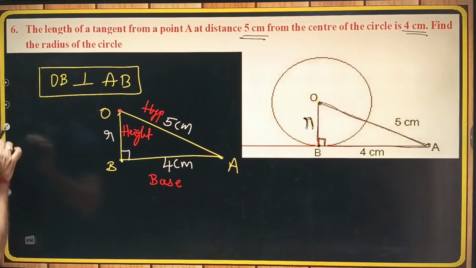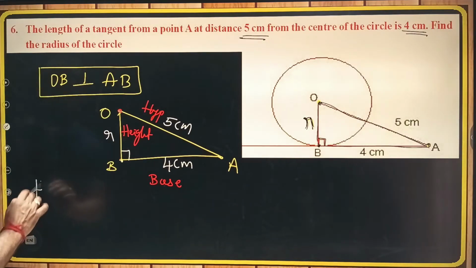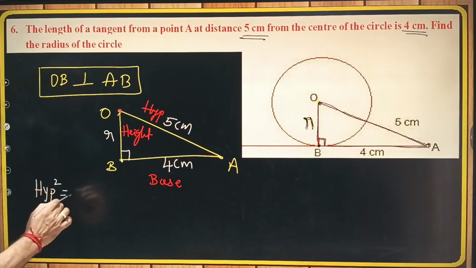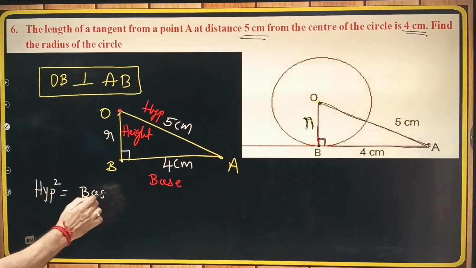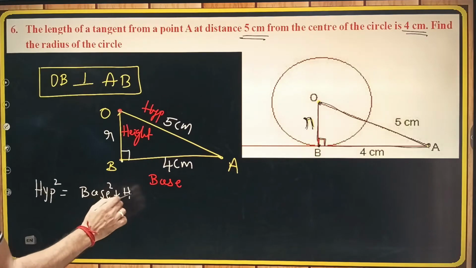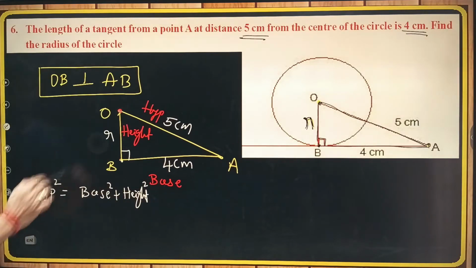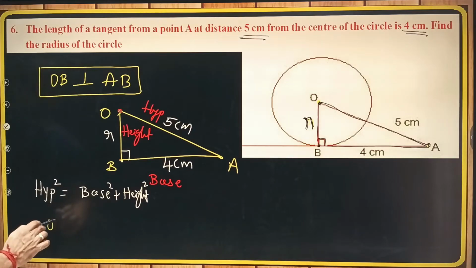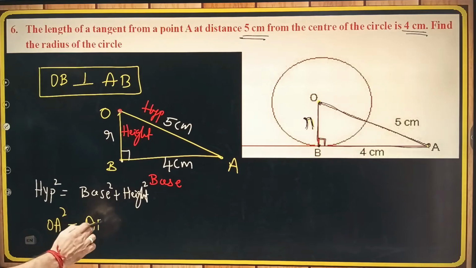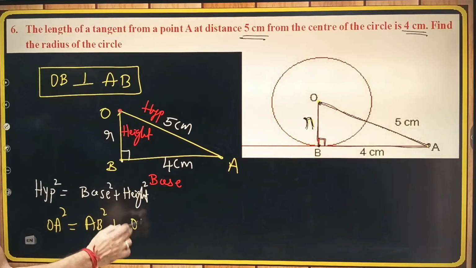According to Pythagoras theorem, hypotenuse square equals base square plus height square. What is the hypotenuse? OA. OA square equals base, that is AB, so AB square plus height, that is OB square.